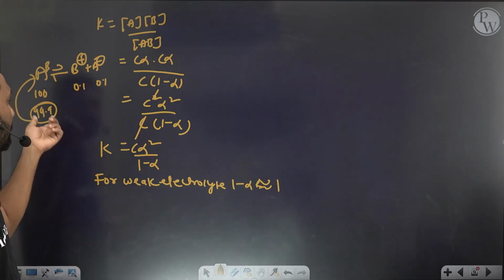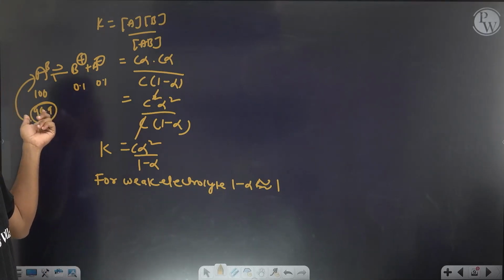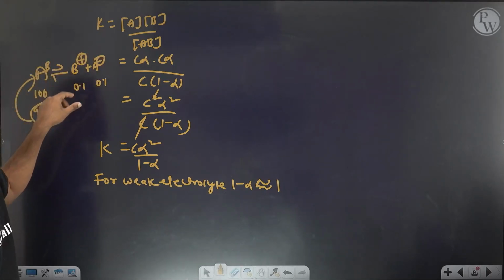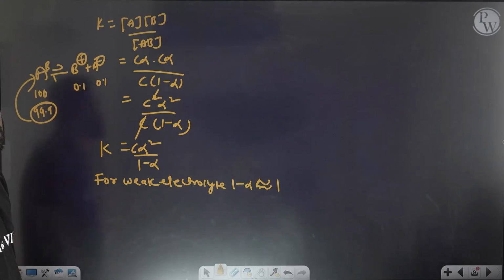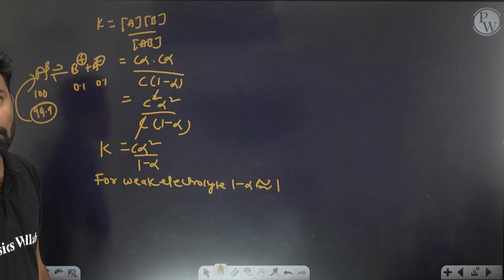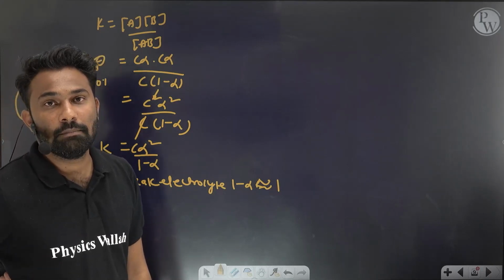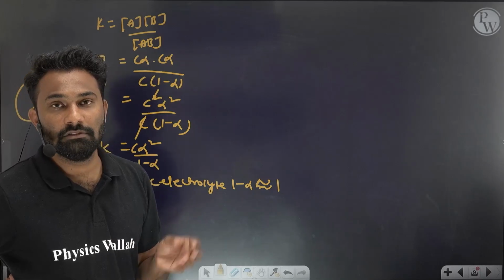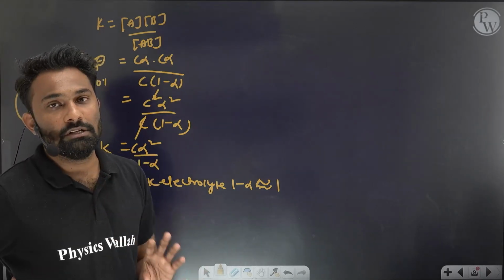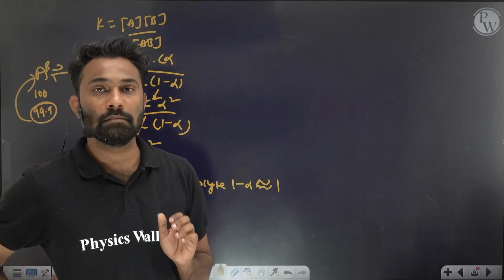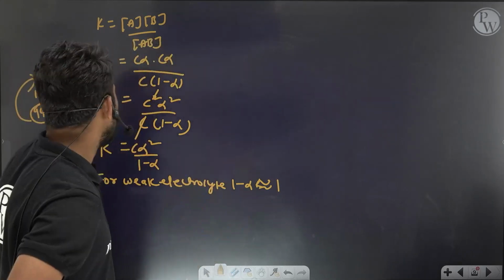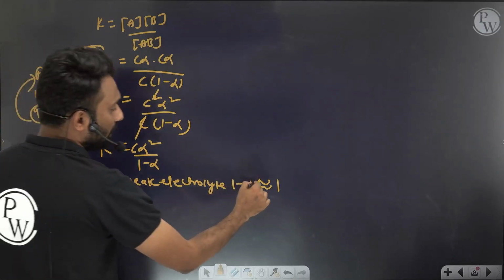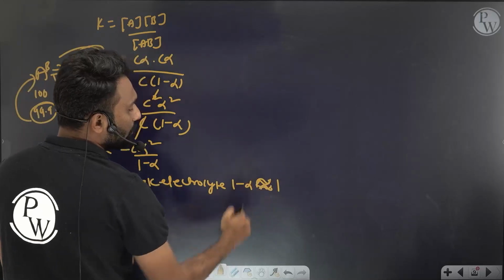That is why the alpha value for a weak electrolyte is negligible.